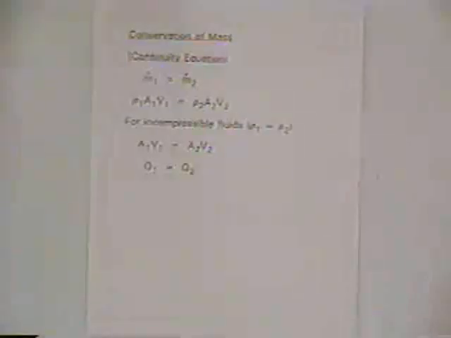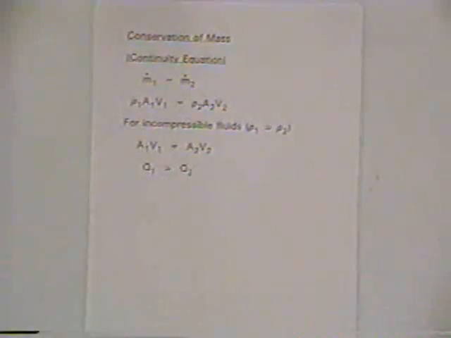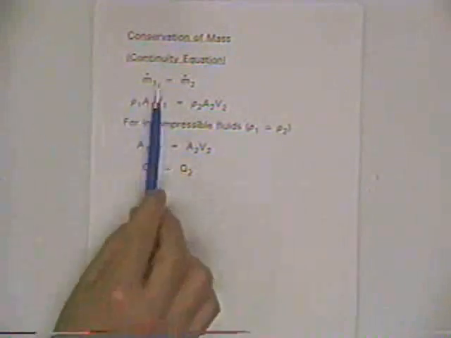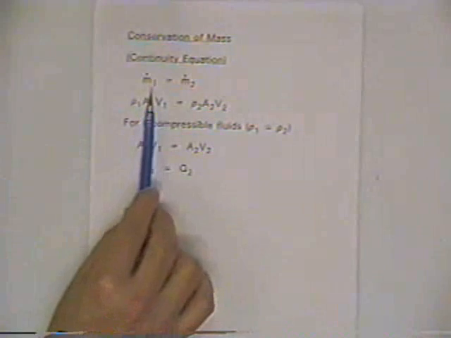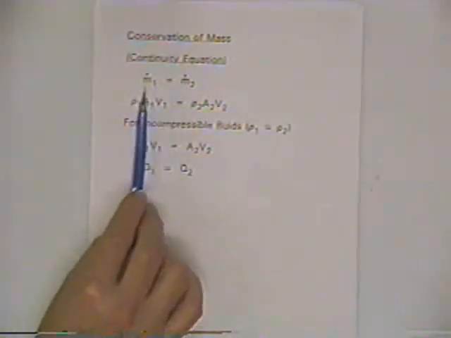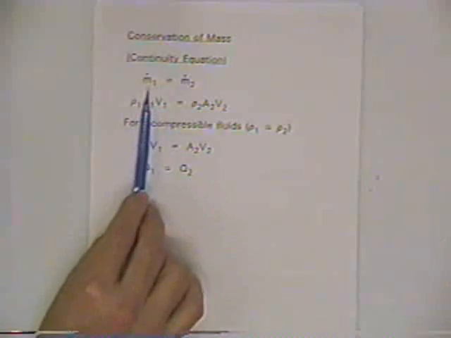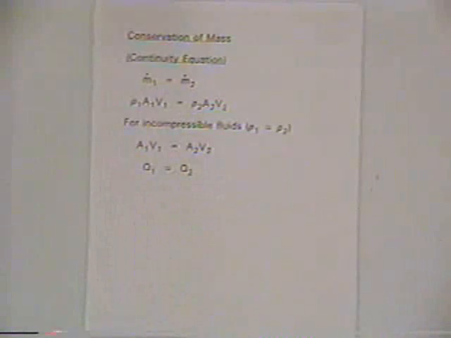So, just looking at the 3 conservation laws, mass, momentum, and energy, let's begin with mass. The basic conservation of mass says that if we have a control volume, and we've got flows coming in and leaving at two sections, the mass flux, the mass per time at one section, is equal to the mass per time at another section.